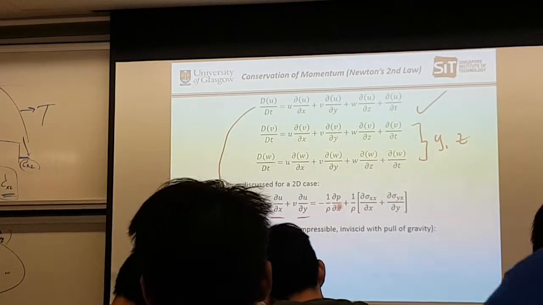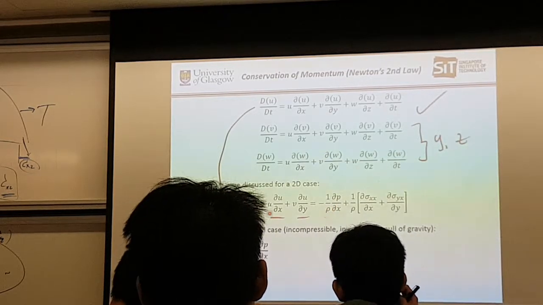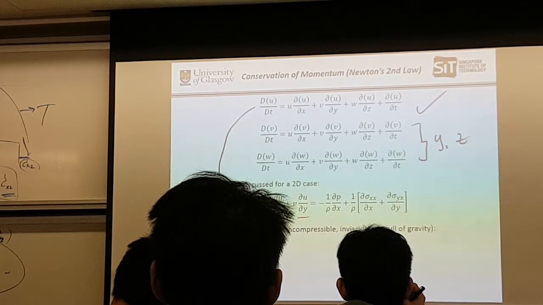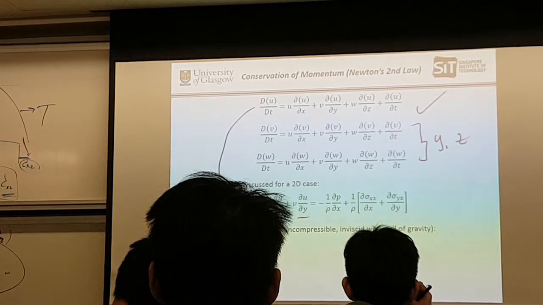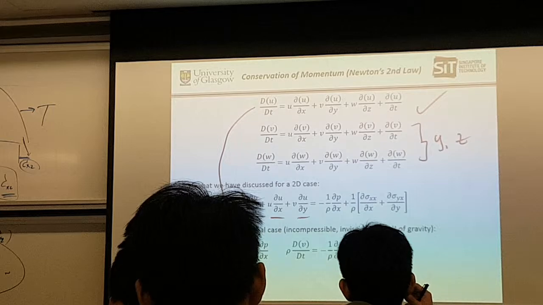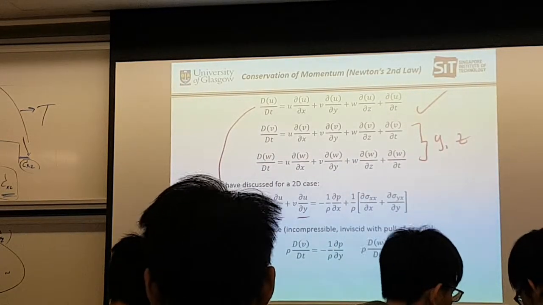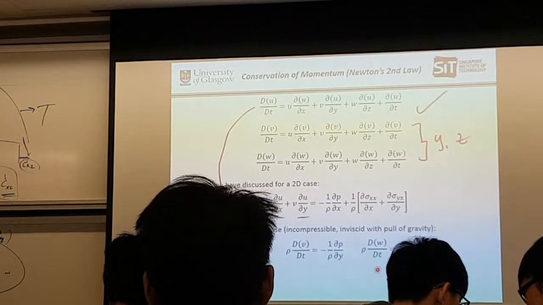It's just my dp dx. Where is this rho from? I just take this rho and multiply it to the left hand side here. So I get this equation. I can do the same for y. And the last one is when you have z gravity.